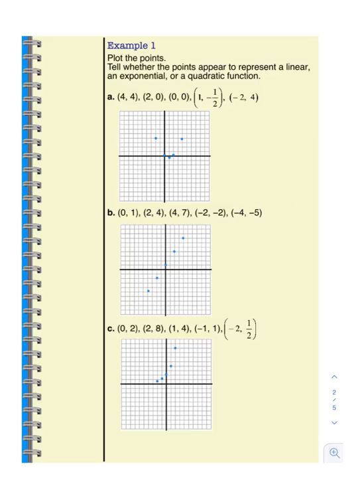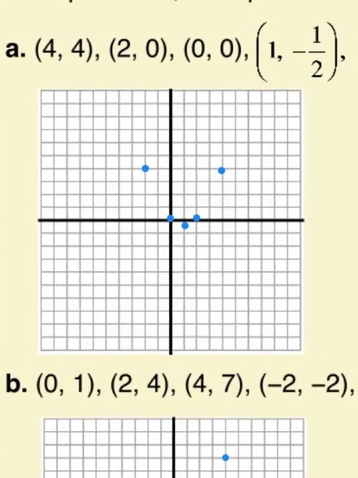All right, so for example 1, we're going to be looking at graphs of linear, exponential, and quadratic functions. Part A, I already plotted the points, and by looking at this graph, it looks like there's an axis of symmetry. So it looks like if we picture where that middle point is, which could also be called a vertex, the points on either side are reflected over that axis of symmetry.